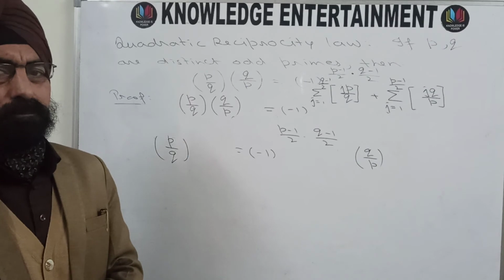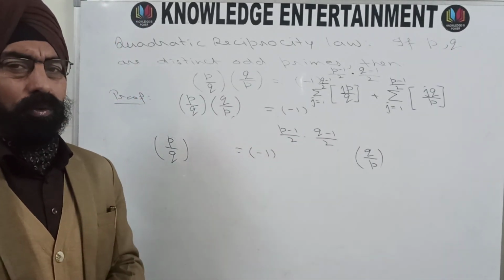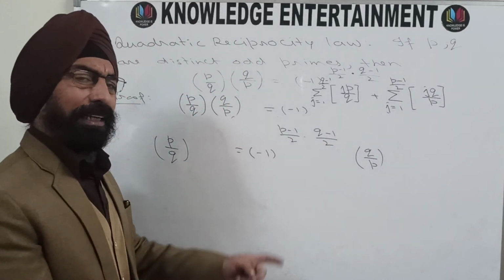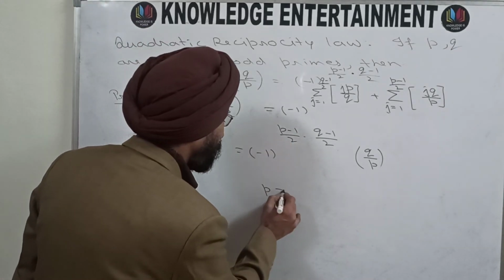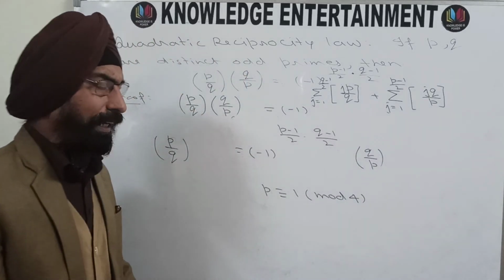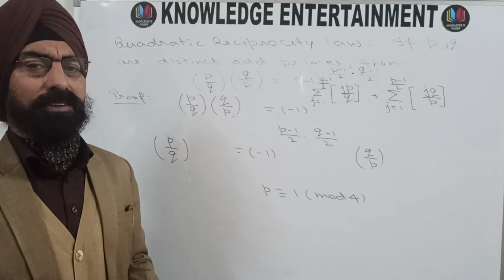Another thing: if any one of p or q, and I'm saying any one, that means it can be q also, is of the form, suppose p is congruent to 1 modulo 4. That means one of the numbers p and q is of the form 4k plus 1.